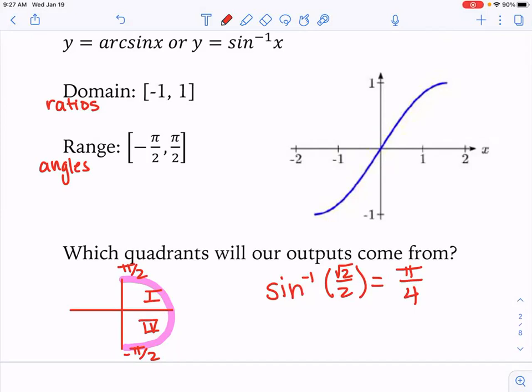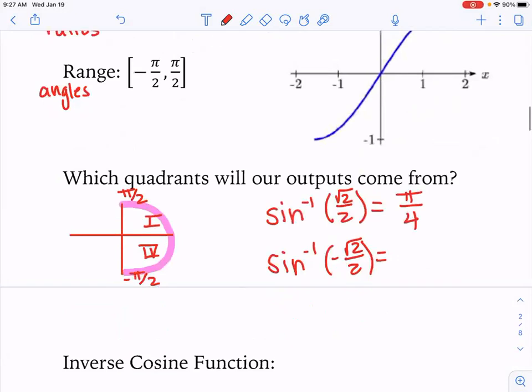So let's talk about if we had the arc sine or inverse sine of negative radical 2 over 2. Our answer has to come from the range negative pi over 2 to positive pi over 2. So we're either going to rotate to the first quadrant or down to the fourth quadrant.